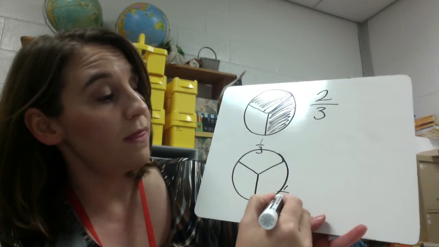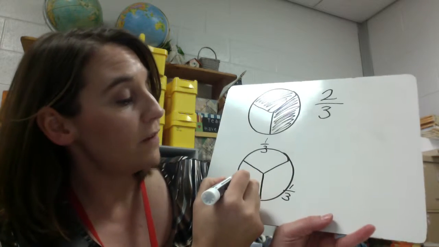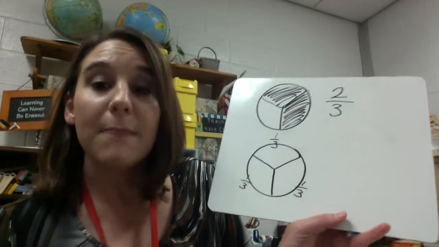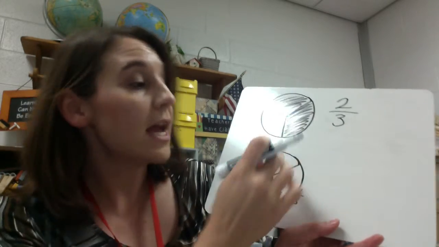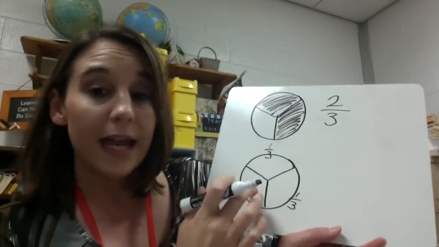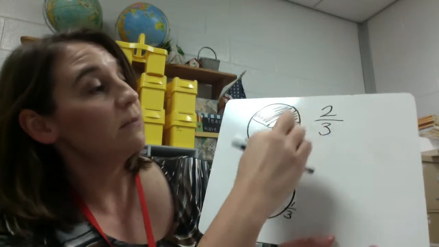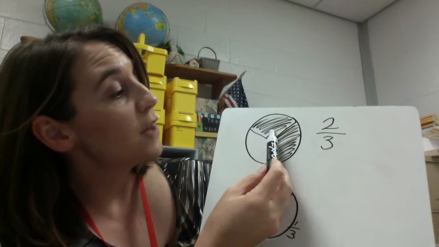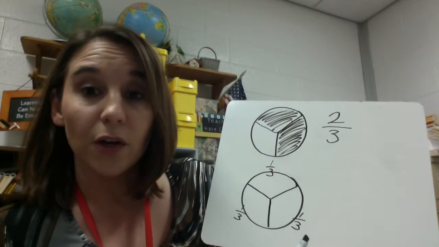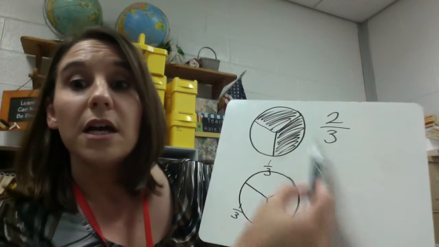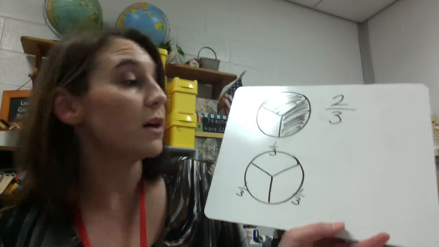I've got 1/3 here, and I've got 1/3 here. My unit fractions are thirds. A third and a third and a third gives us 3/3, which is a whole. Let's look back up here at the thirds. A third and another third gives us 2/3.